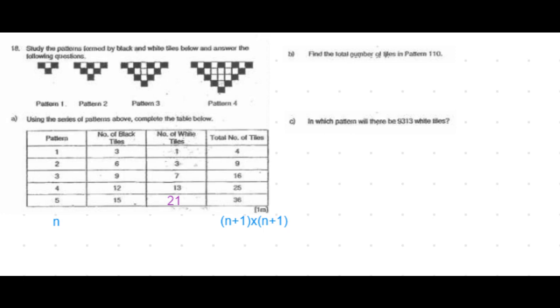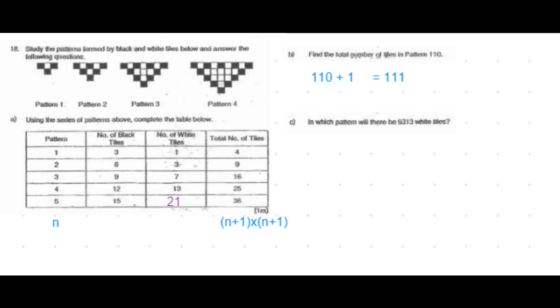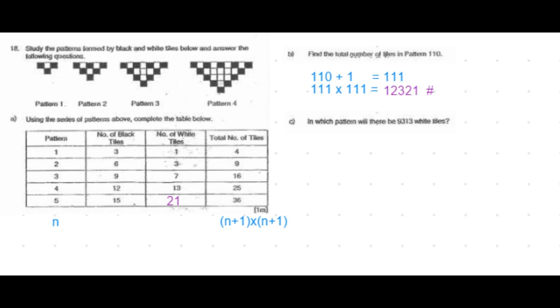So for pattern number n is equal to 110, n plus 1 is 111. So the number of tiles should be 111 times 111, which is equal to 12,321.